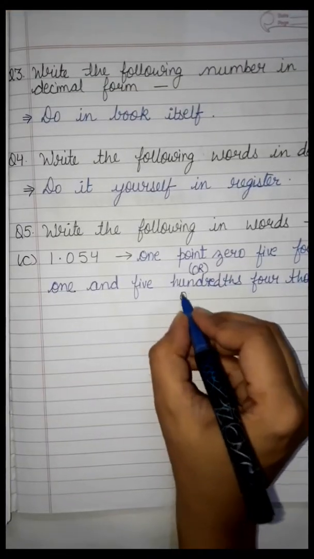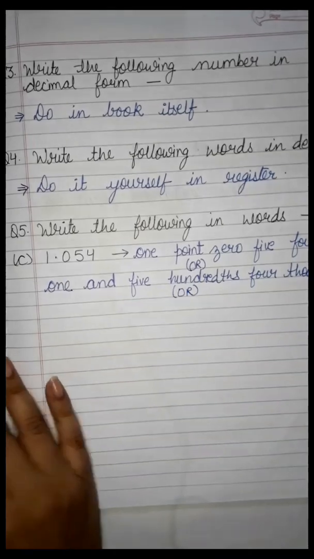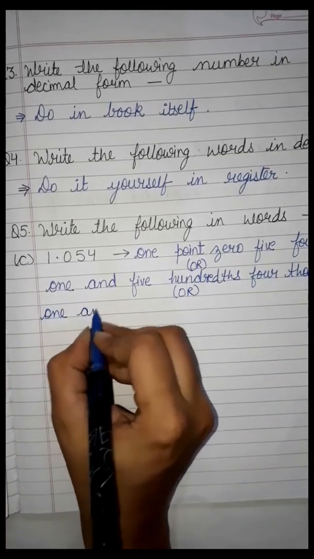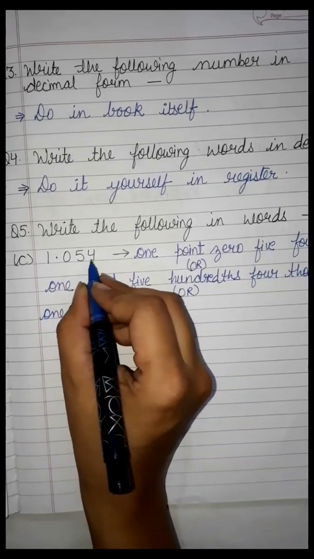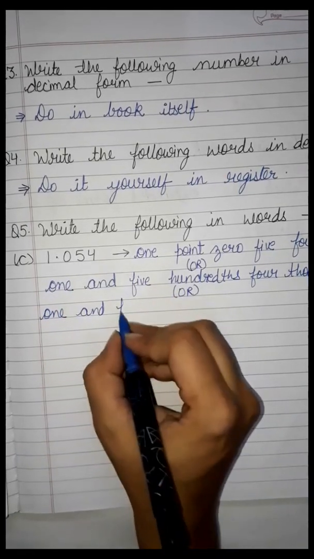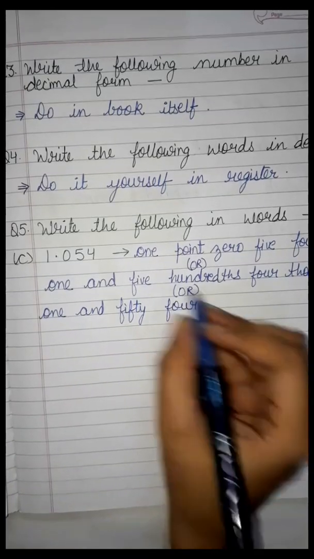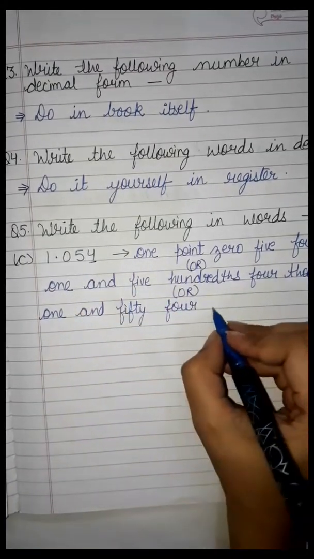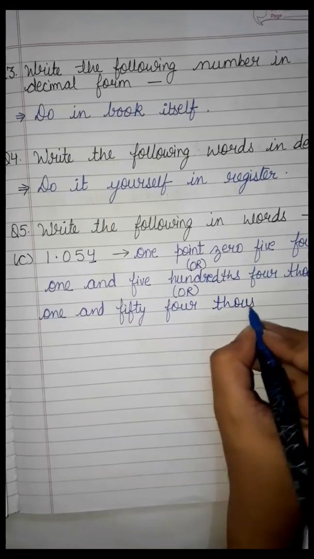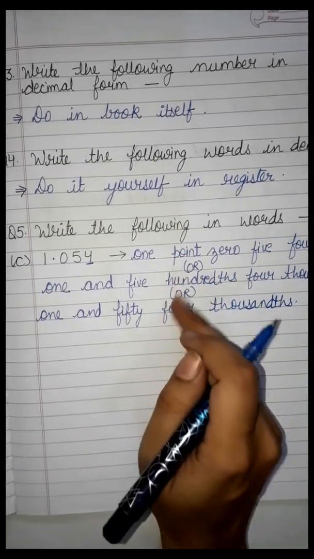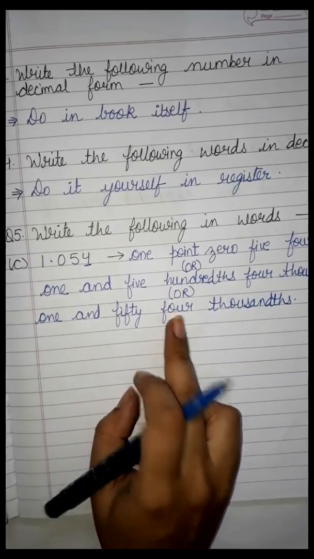And another way of writing is 1 and, call it as number name 54, and the place value of this last digit, thousandths. In any of the ways you can write.